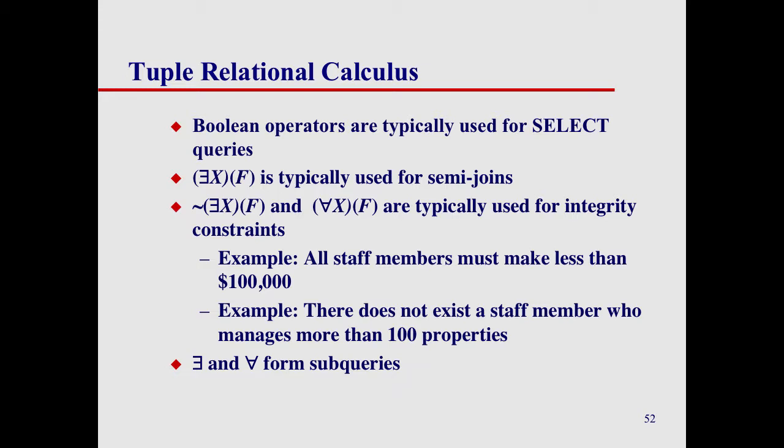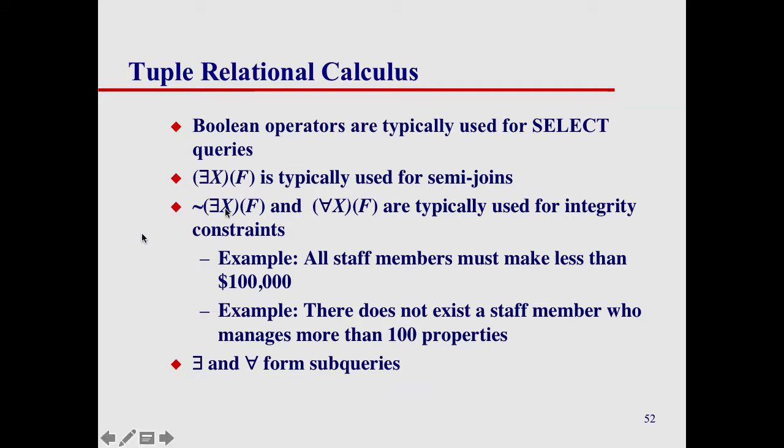Okay. So to give you an idea of how these operators are used in SQL or in the relational algebra, the Boolean operators are typically used with select queries. When you're using there exists, that is often used for a semijoin.